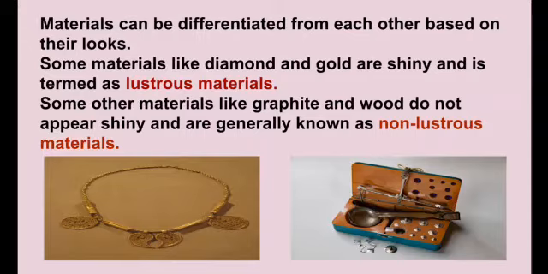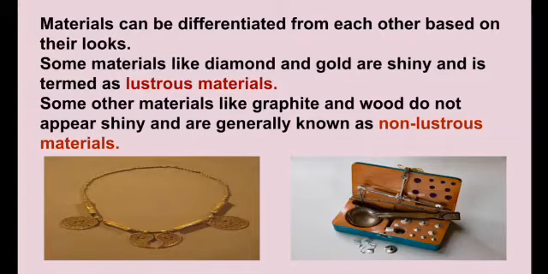If the surface of the object is shiny, it is known as a lustrous material, and if the surface of the object is not shiny at all, it is called a non-lustrous object. Ornaments like gold, silver, and diamond are all lustrous materials, and graphite and wood are called non-lustrous because they don't have a shiny surface.